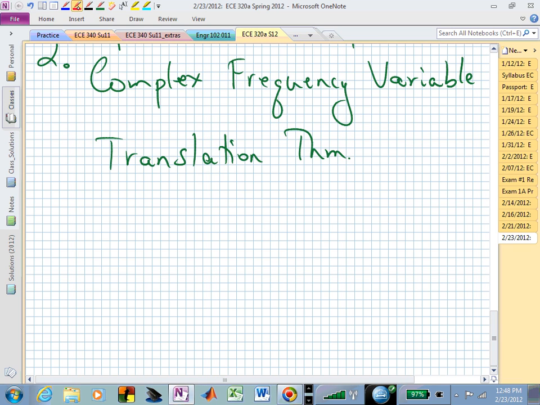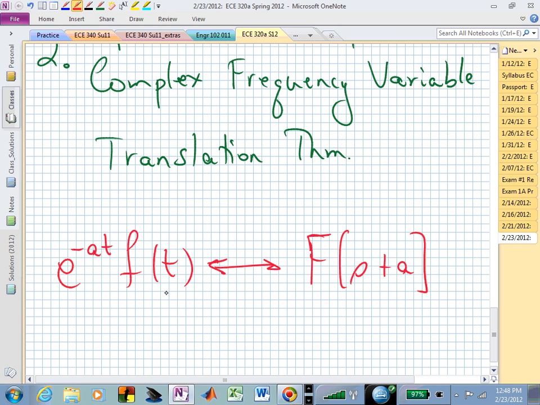This operation pair says that if we translated the complex frequency variable S by some value A, so now we've shifted the complex frequency variable by A, everywhere we had an S in our transform before, we replace it with S plus A. In the time domain, what that really means is that whatever we had for f of t, now we've introduced an exponential decay on that f of t.